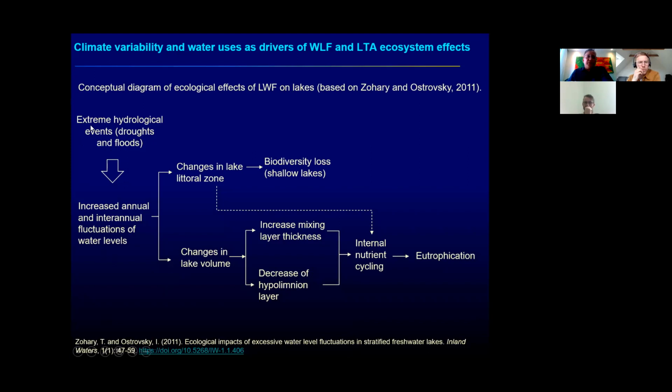Actually, the word extreme depends a lot on the configuration, the physical setting of different lakes. What can be extreme is very regular for another place. But I mean, the extreme hydrological events cause an increase in annual and interannual fluctuation of water level.